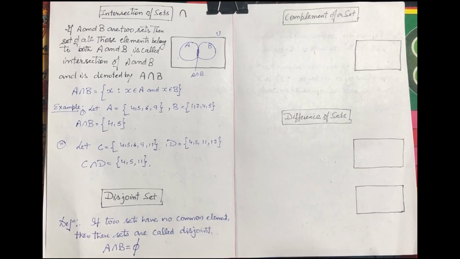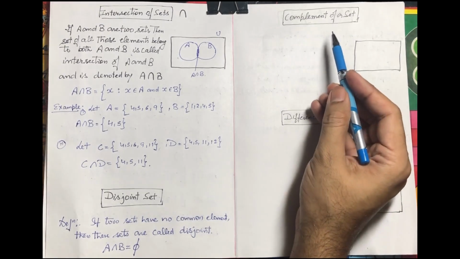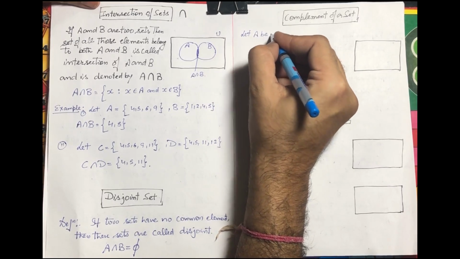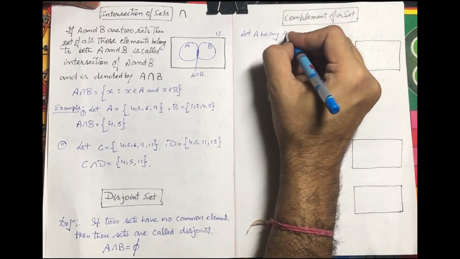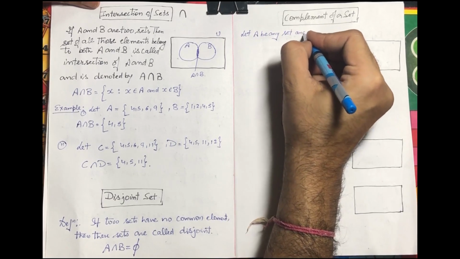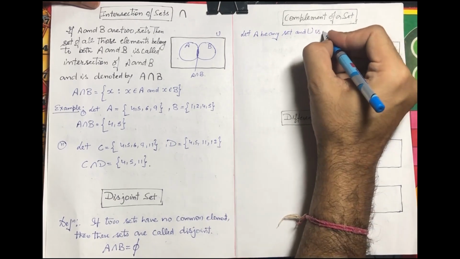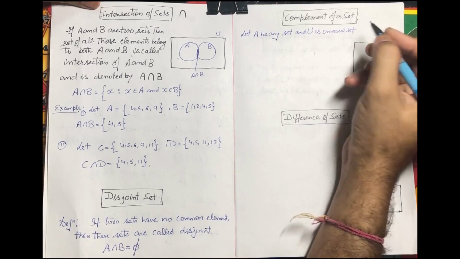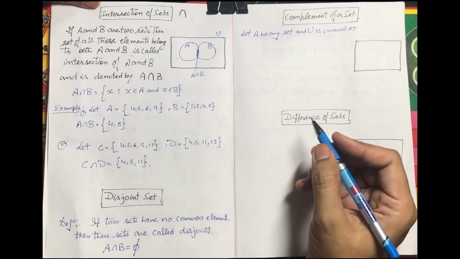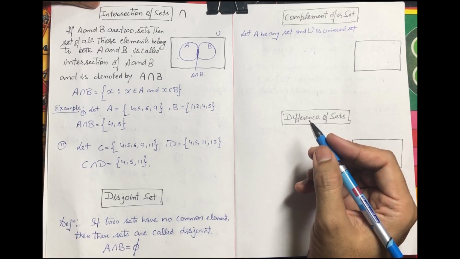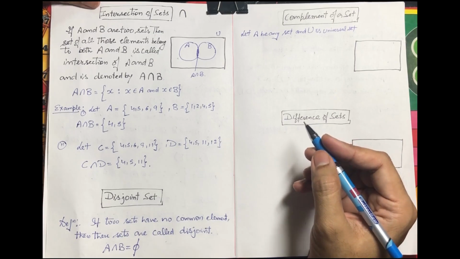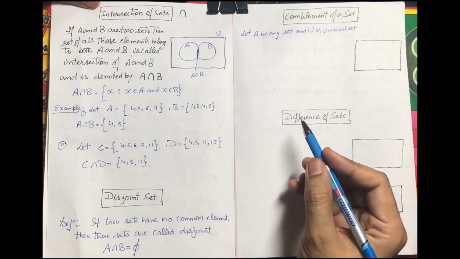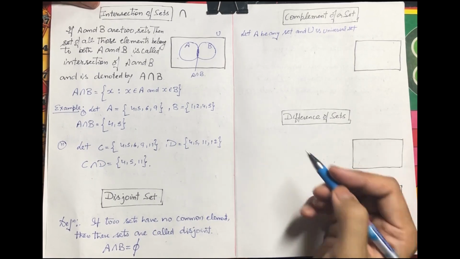Okay, now we proceed to next relation, complement of a set. Again, we let A be any set and U is universal set. Then the set of all those elements of U which are not in A is called complement of A. So first we write it.